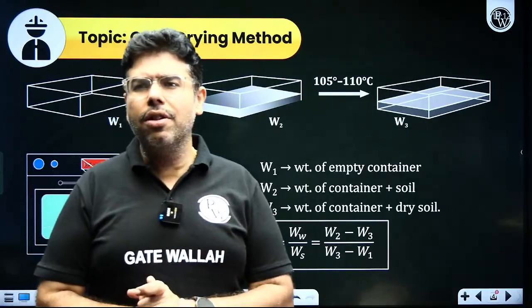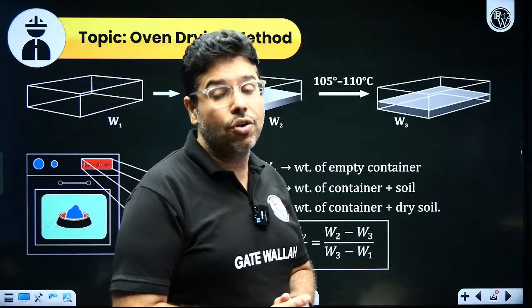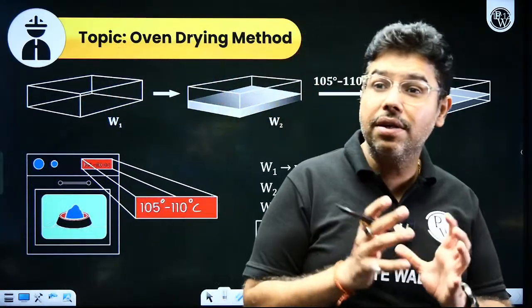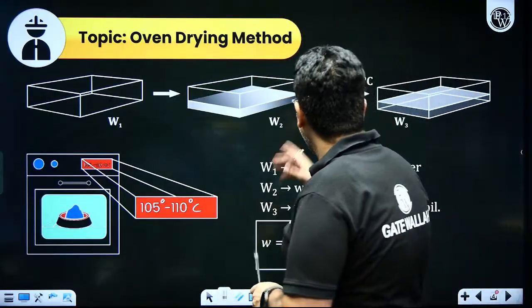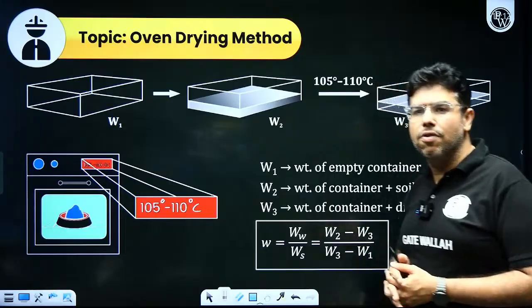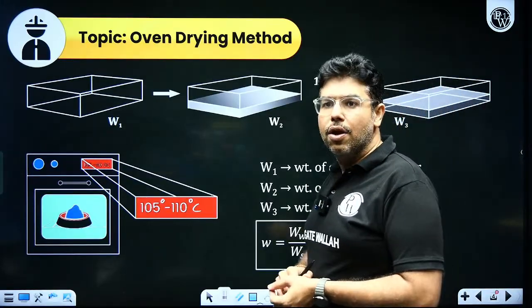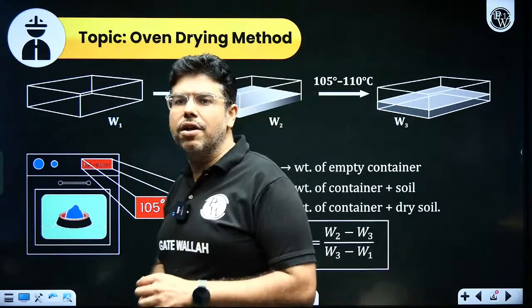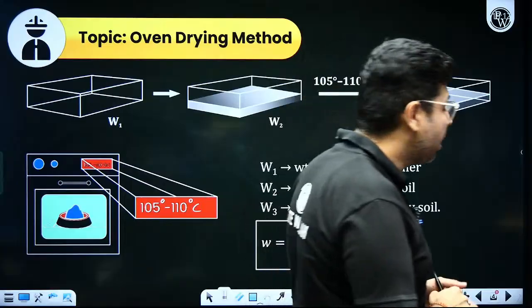While calculating the water content, we should not remove that structural water, because if that structural water is removed, the basic structure of soil will change. So when you heat the soil at temperature above 110 degrees Celsius, this structural water will be lost.